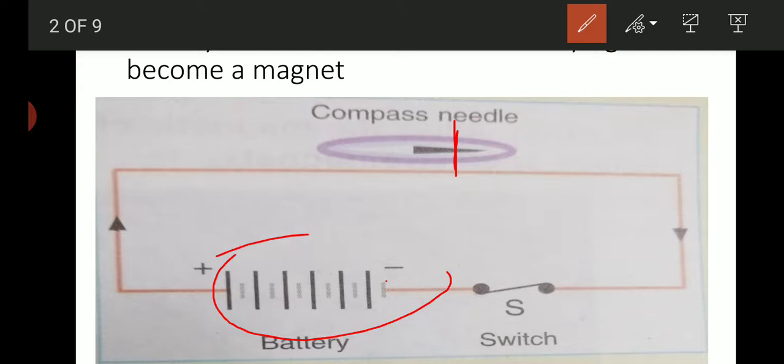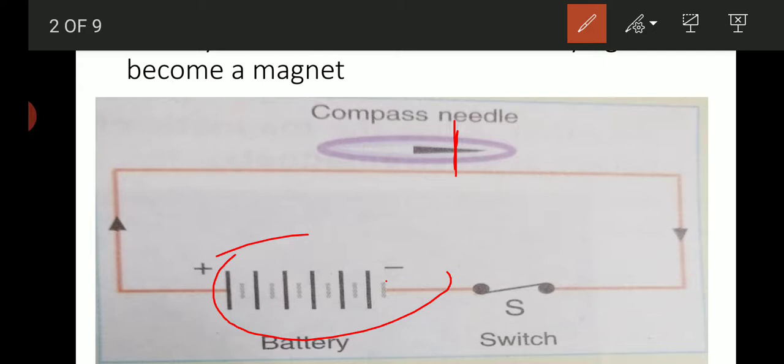When the switch is off and the circuit is incomplete, we will notice that the needle of the compass placed above or under the wire points in the north-south direction. And when we close the circuit, when we switch it on, what will happen?